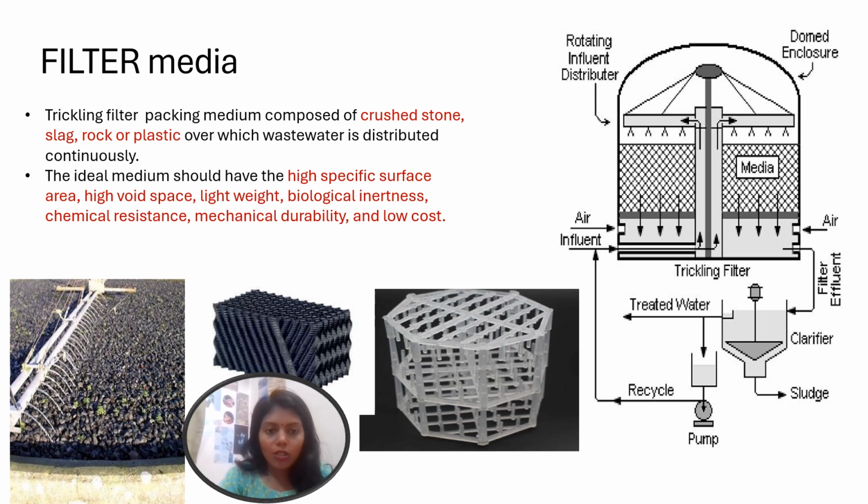It should be lightweight to make installation and maintenance easy, and chemical resistant, such that it should resist corrosion. Durability, the media should withstand the environmental conditions, and low cost. These are all the properties it should have.